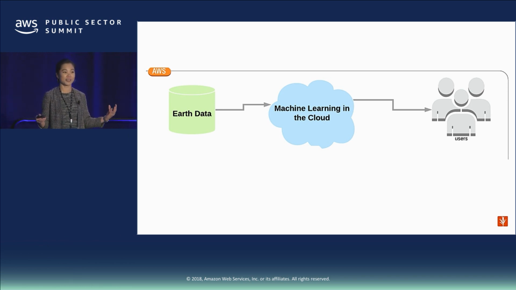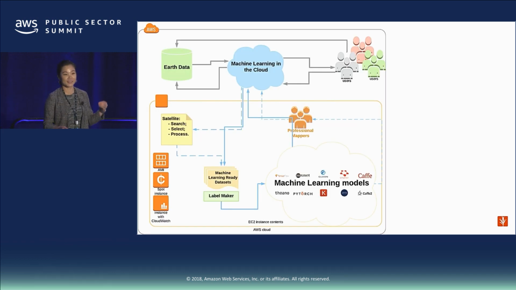We have Earth data on one side, and then we can output the useful and helpful data layer to the decision maker directly, who can use that data to make better decisions or policy. And there's no such thing. This is more complex than that.